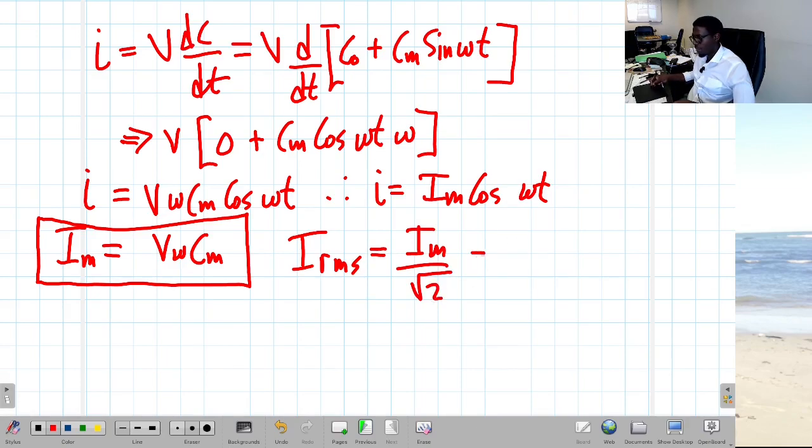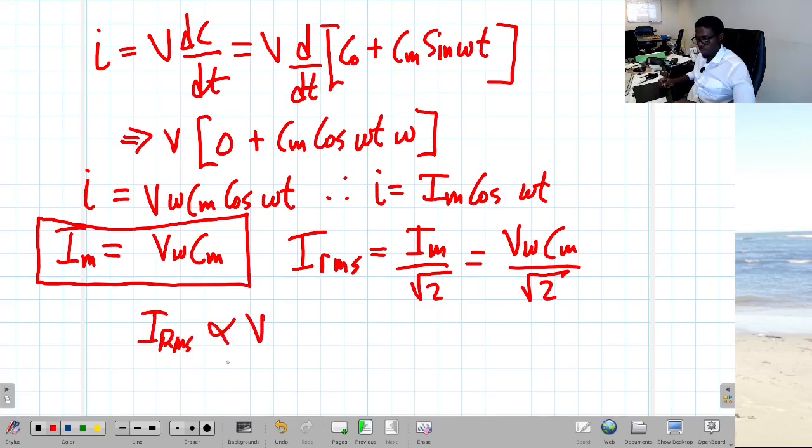And this implies that our IRMS is V ω Cm over the square root of 2. And we are saying the RMS value is directly proportional to the voltage, while ω stays constant. And this is the more reason why, when we come to the question, we will see that what we are using is this IRMS value.